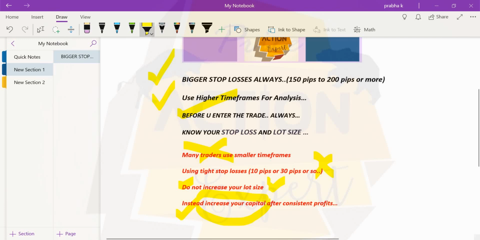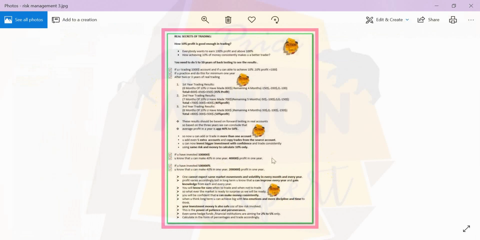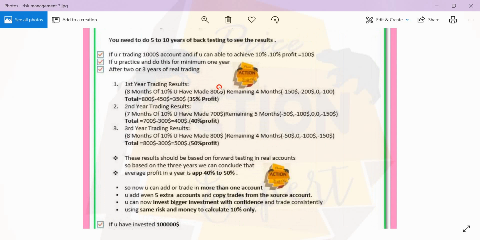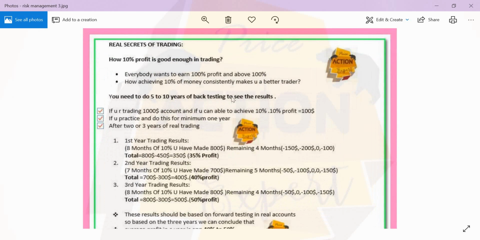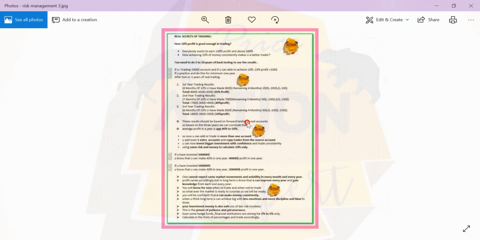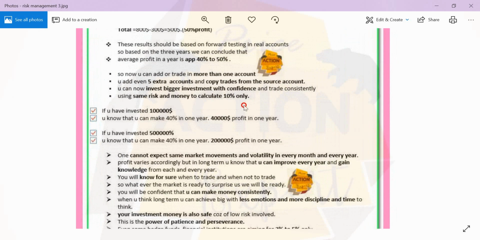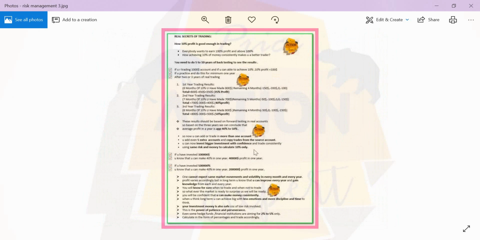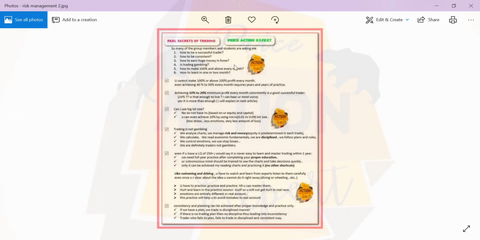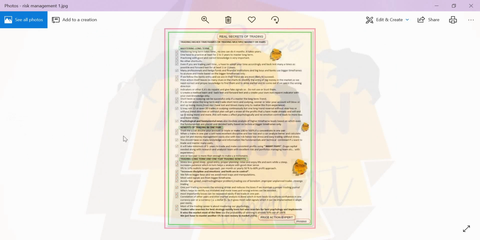I'll show you a few examples. I have written a few articles. You can see those for better explanation. See here, how 10% profit is good enough in trading. I have shown some calculations in that. Please do read it, it will be very helpful. This one, the second one, third one.